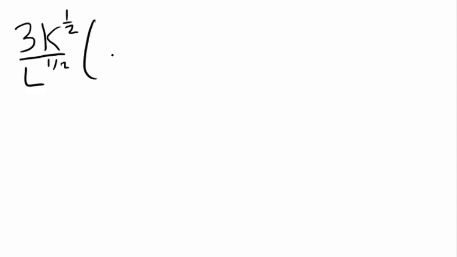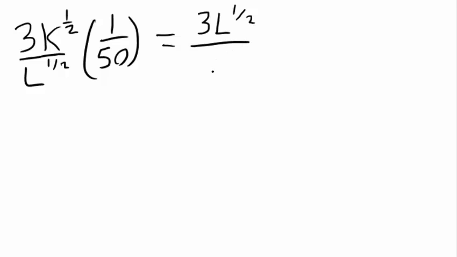And by simplifying a little bit, we have 3K to the 1/2 over L to the 1/2 times 1 over 50, equal to 3L to the 1/2 over K to the 1/2 times 1 over 90.